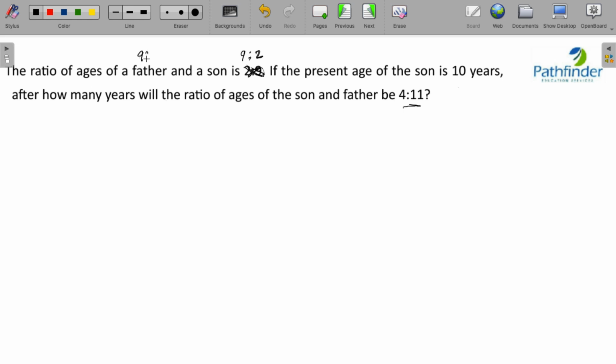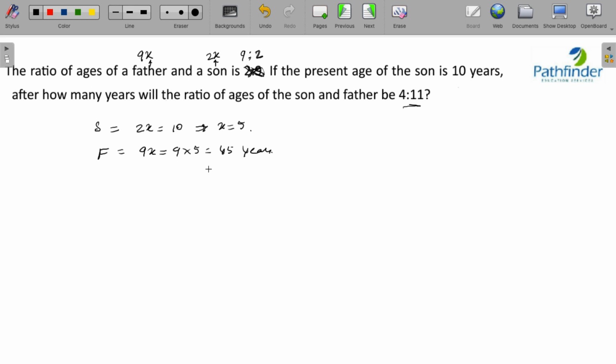So father's age must be some multiple of 9 and son's age must be some multiple of 2. Now the present age of the son is 10 years. So which means 2x, the age of son S, is equal to 10, or x is equal to 5. So what is father's age? 9x, or 9 into 5, that is 45 years.